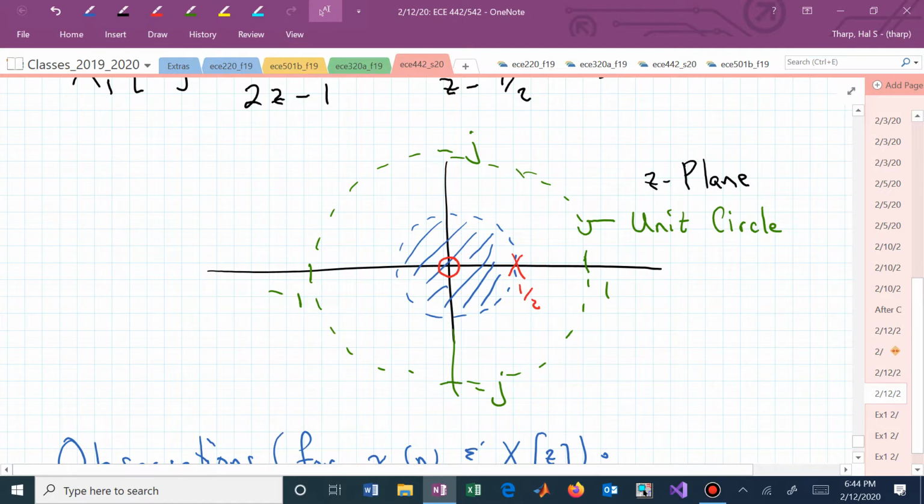Now let's think of some other case, we have just a minute. What if we looked at pattern number 1? What if I had a pole at 1/2 and my region of convergence was outside of that pole? Pattern 1 with a pole at 1/2.